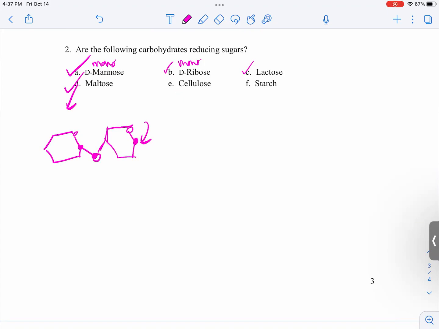Cellulose. Is that a reducing sugar? It is not, because the chains are so long. You know they're chains, right?